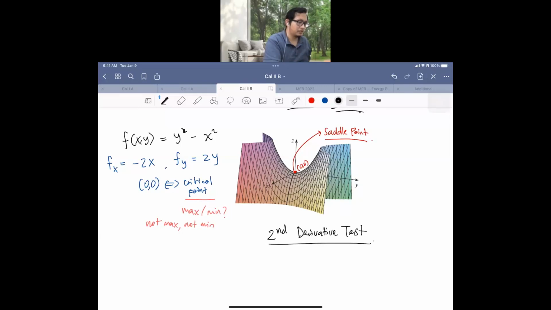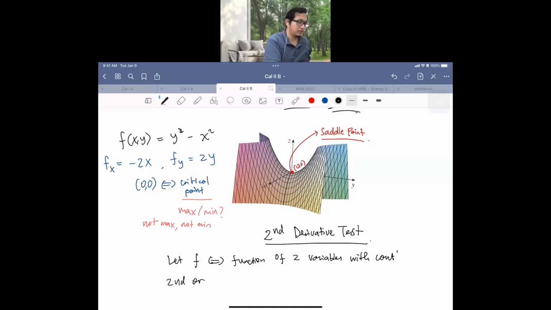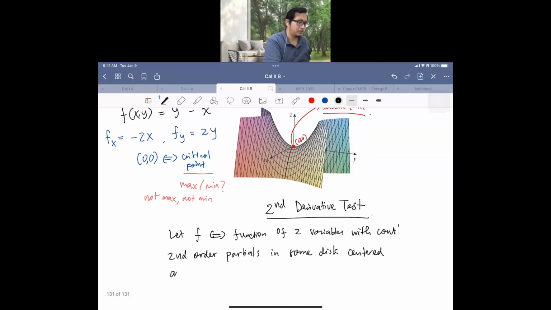Okay, now let the function f be a function of two variables with continuous second order partials in some disk centered around a critical point, which has x0 and y0.